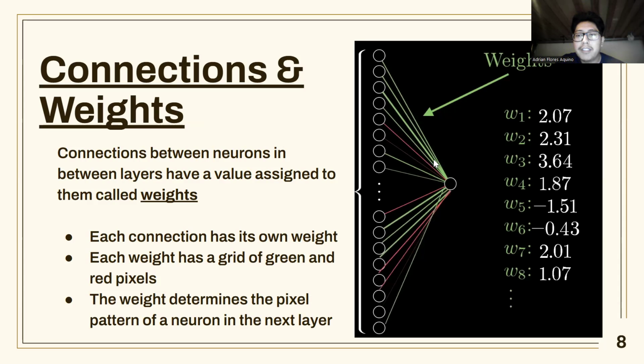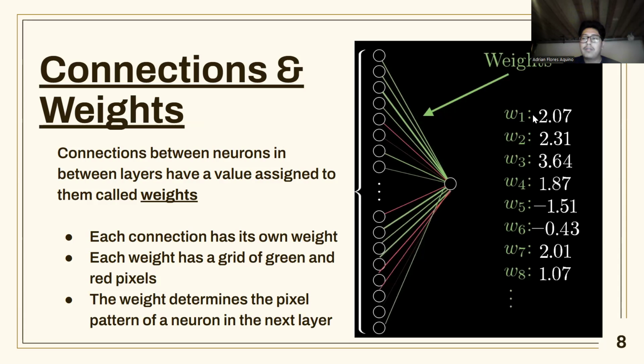If they're green, that just means they're positive, but if they're red, that means they're negative, which is what we don't want. And this is used to determine the pixel pattern for a neuron onto the next layer.